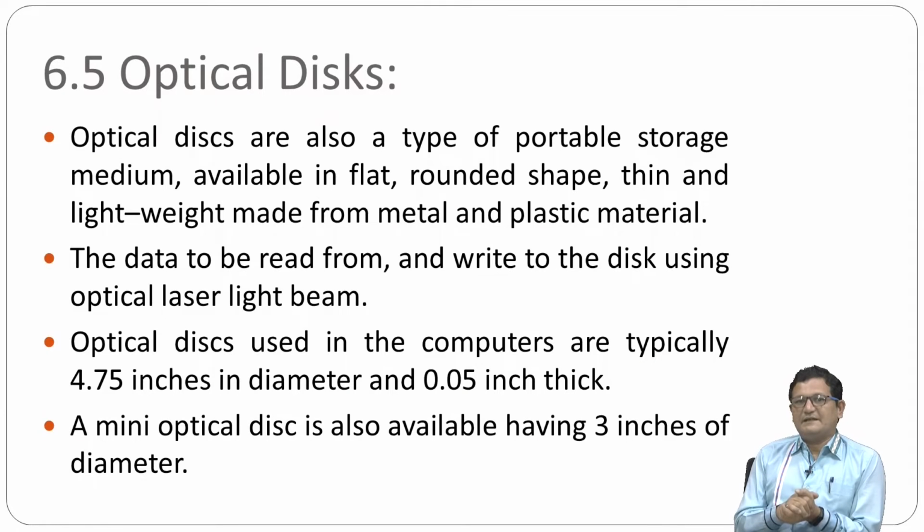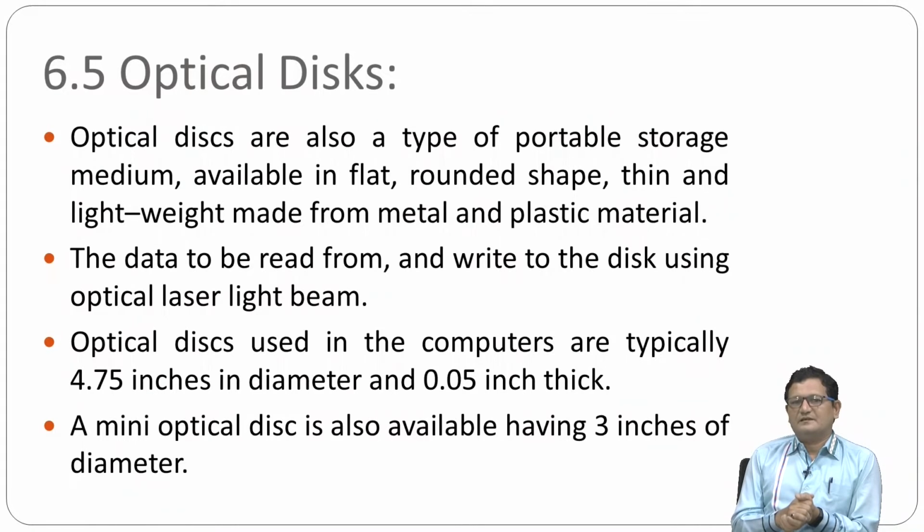It is available in a flat, round shape, thin, lightweight, and made from metal or plastic material. Usually, in a CD-ROM or DVD, we use plastic material. The data is read from or written to the disk using an optical laser light beam.